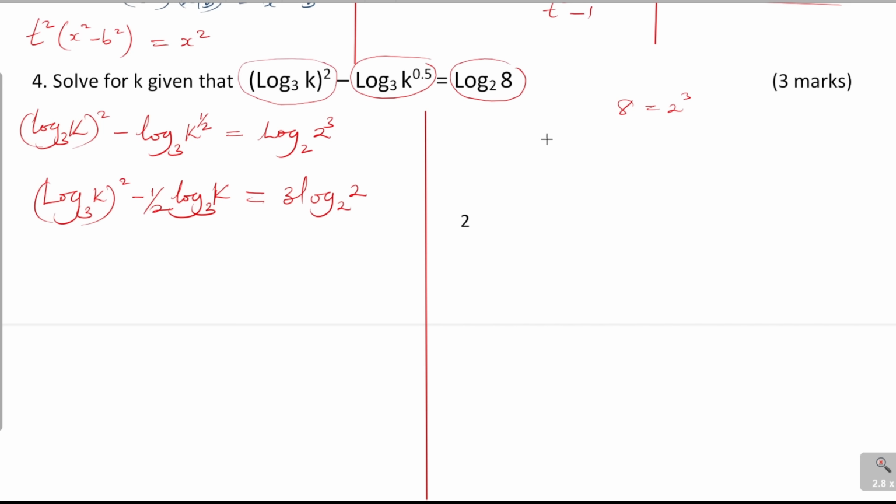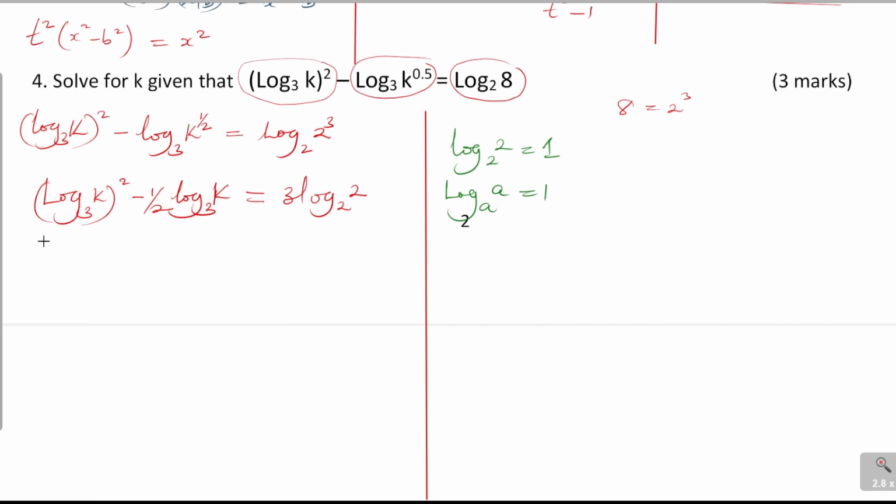Now after doing that, something else that you need to recall is, look at the right hand side. Logarithm of 2 to the base of 2 will simplify to 1. Why? Recall this law, logarithm of a to the base of a will give 1.